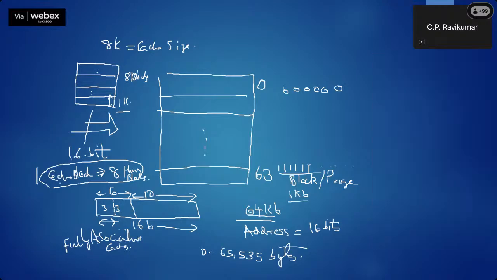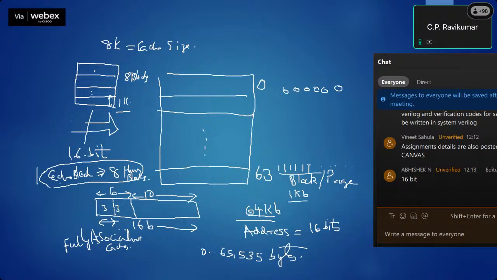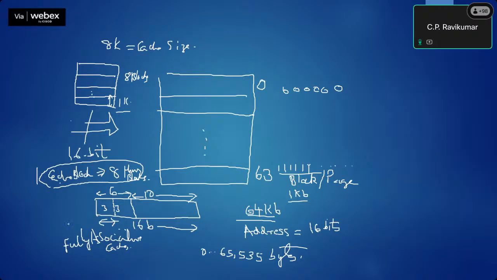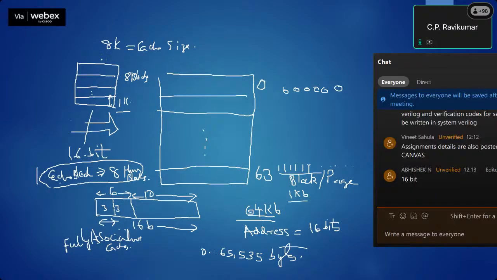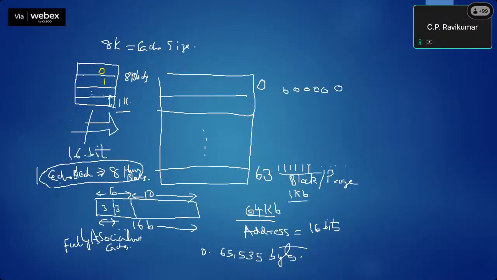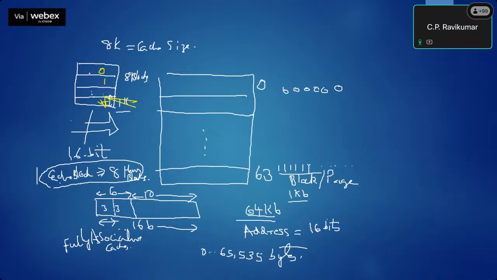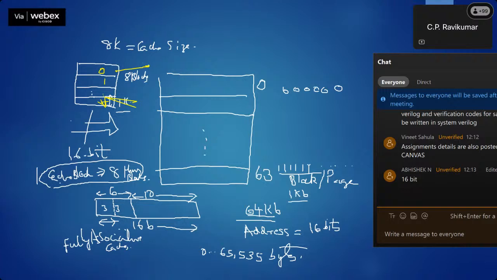Okay. See, for example, this is cache block 0, this is cache block 1, this is cache block 7, right? And here any one of these could be present.